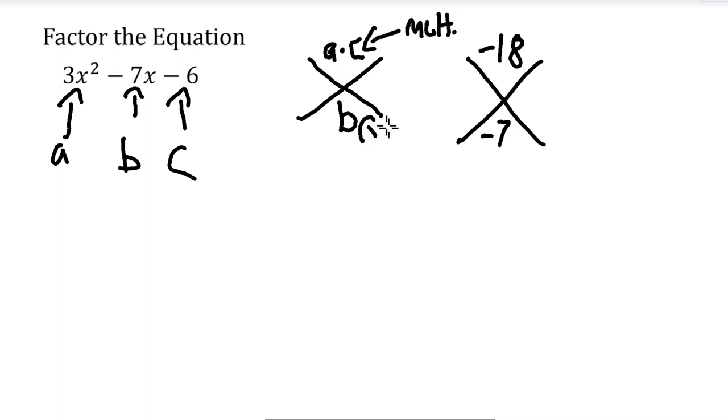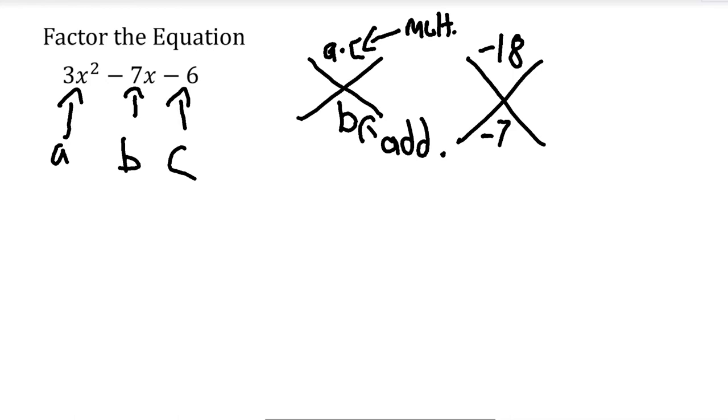Multiply, add. So we have to find two numbers that multiply to negative 18 and add to negative 7. So what could that be?